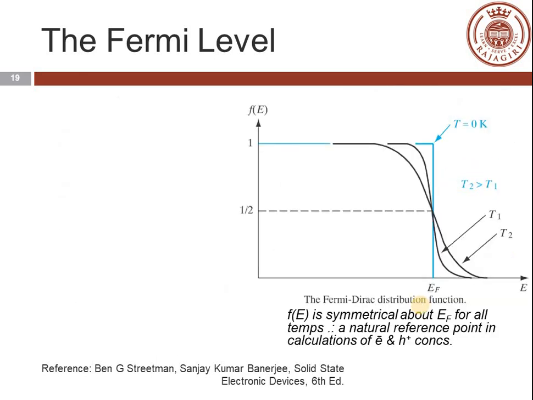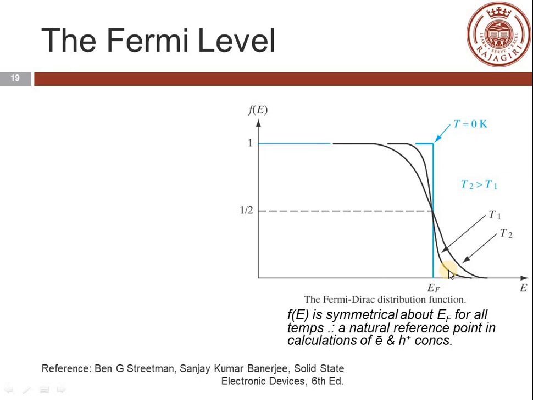So that's shown over here. We are having two temperatures, T1 and T2, which are greater than 0 Kelvin, in which T2 is greater than T1. Suppose we are increasing the temperature to T1. Now there is some probability that some states above EF can be filled.